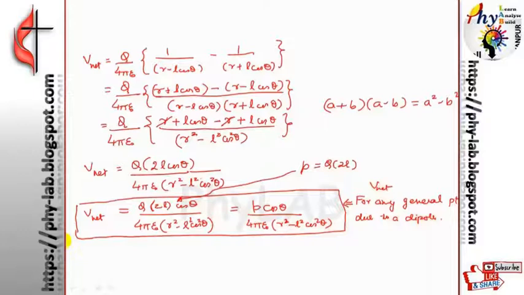Now if it is a short dipole, friends, then what was the result that we found for V net?